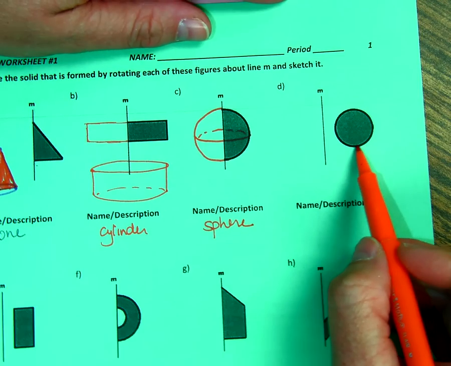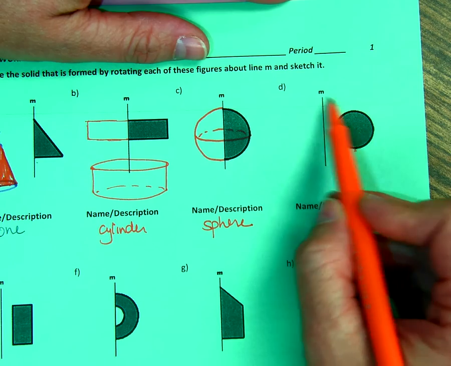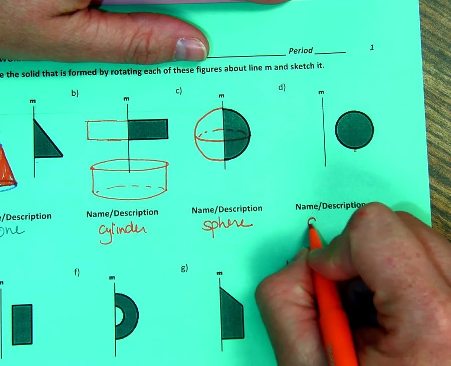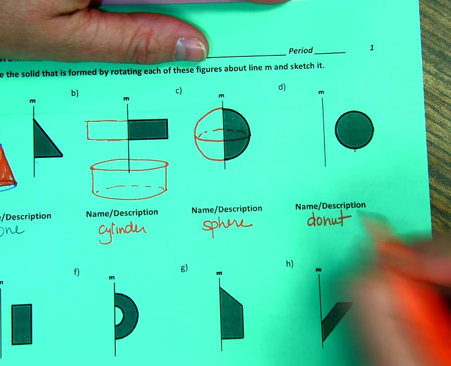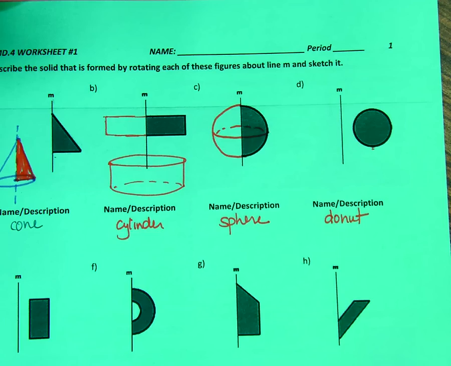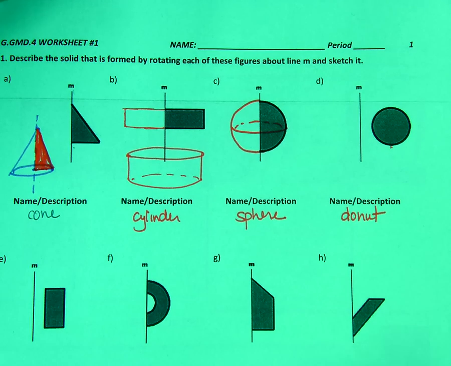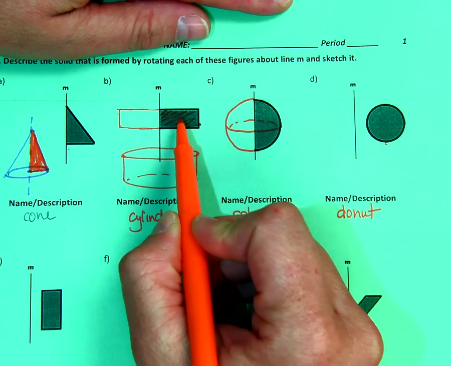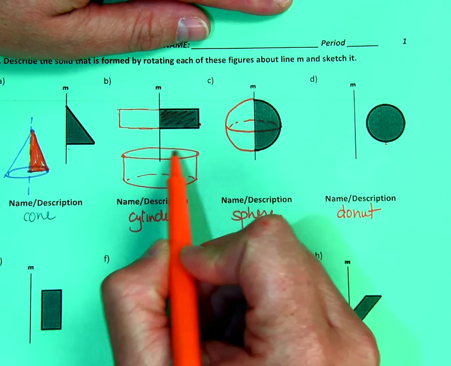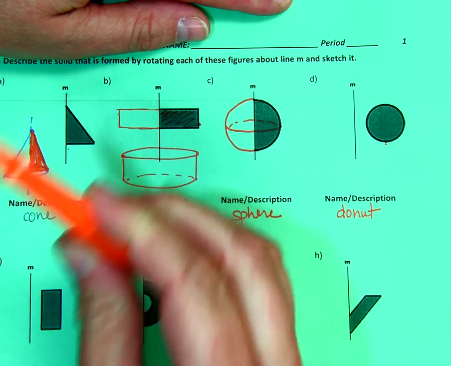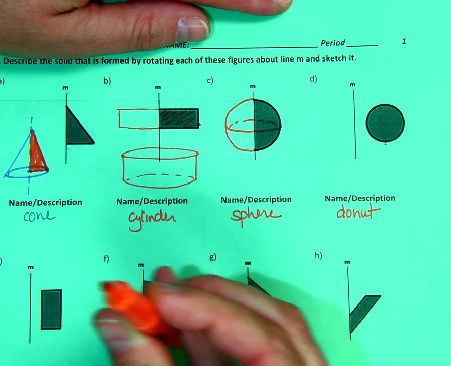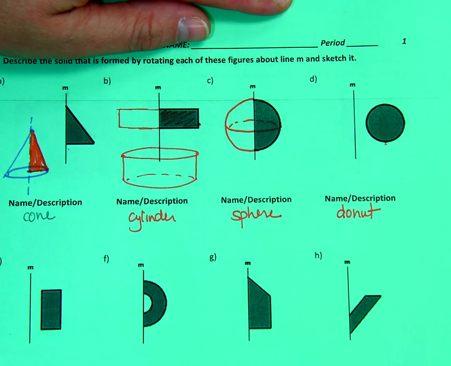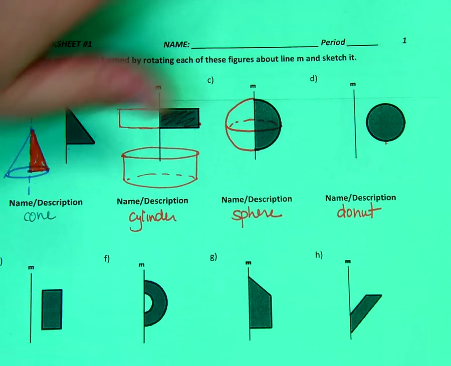And if I have this shape, I'm not even going to attempt to draw it, but I can get a good visual. I'm going to call this a donut, or you can think of it as an inner tube. The important thing is that you can visualize taking a 2D rectangle, rotating it all the way around 360 degrees. That would be going in the X, Y, and Z coordinate plane and getting that figure.